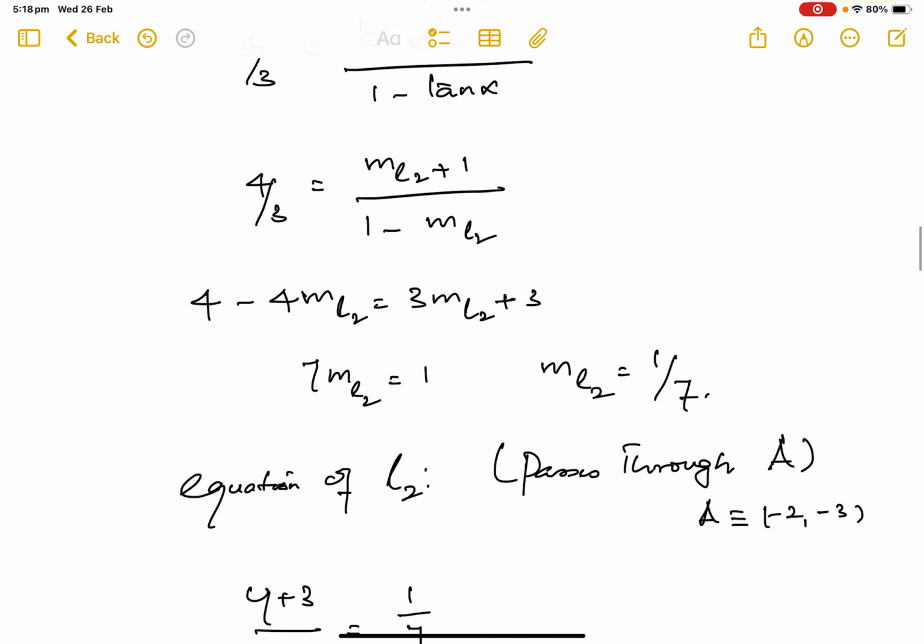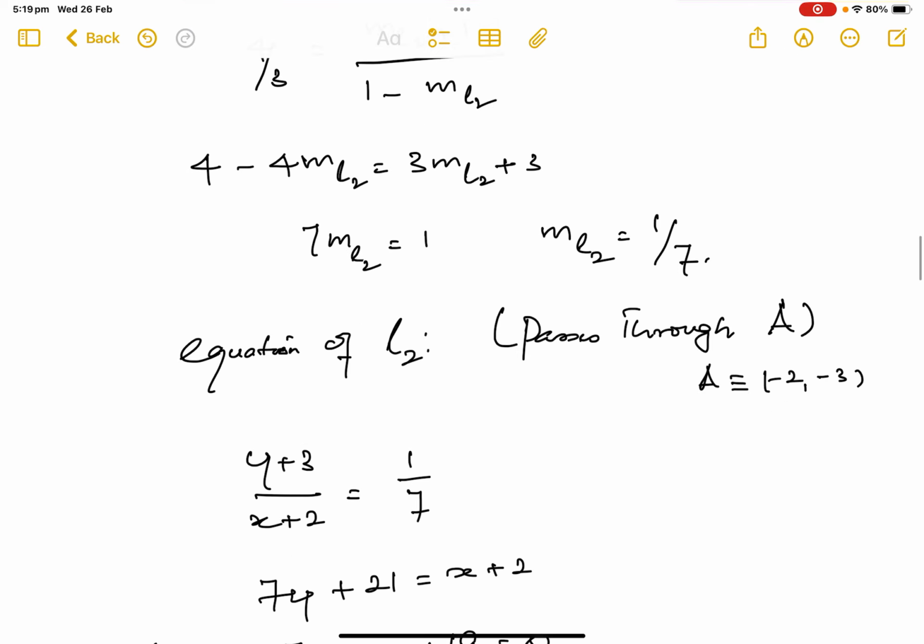From that, by cross multiplication, 4 minus 4 ML2 equals 3 ML2 plus 3. If you bring the ML2 to the other side, keep that number at one side, so 7 ML2 equals 4 minus 3, which is 1. Therefore ML2 is 1 over 7. So the gradient of line 2 is 1 over 7.